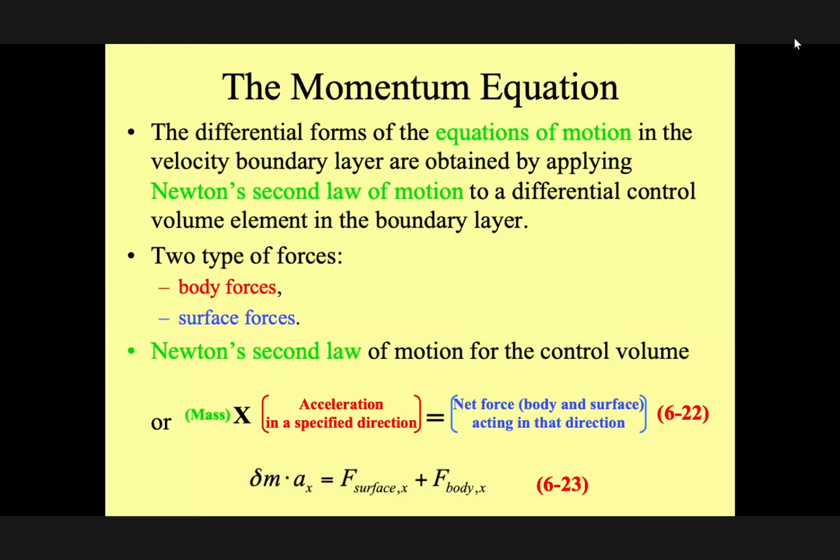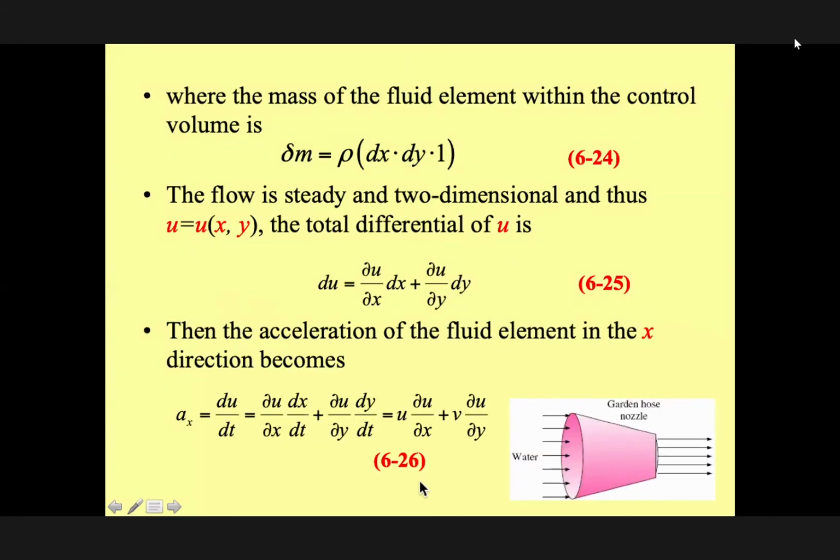Considering this, we go back and write that mass times acceleration in the x direction is equal to the external forces and body forces that we have. What forces are acting on the body and outside? First, we define what the mass is. The mass here is dx dy.